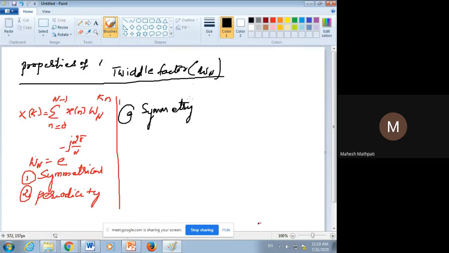For this we write the statement as WN to the power k plus N by 2 is equal to minus WN to the power k.